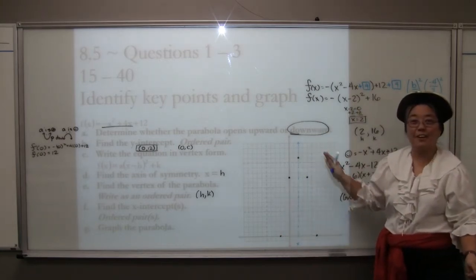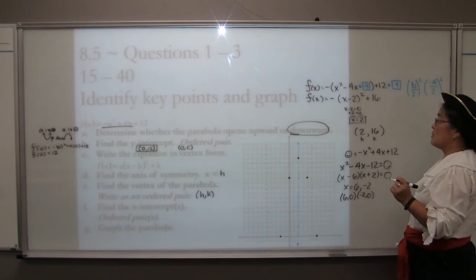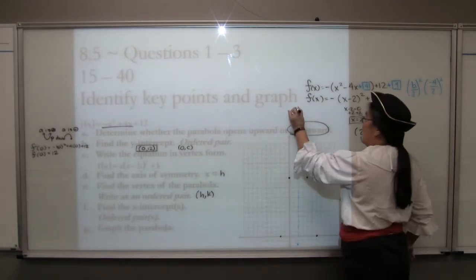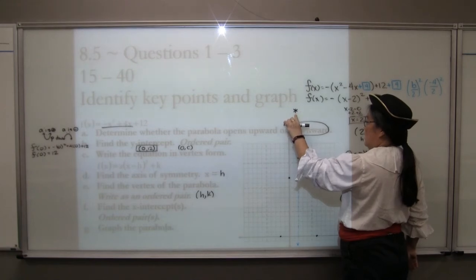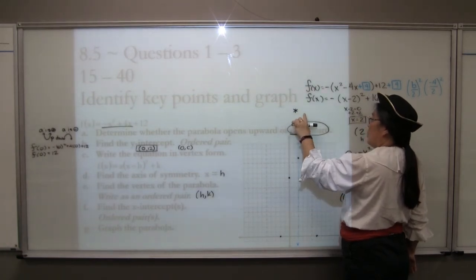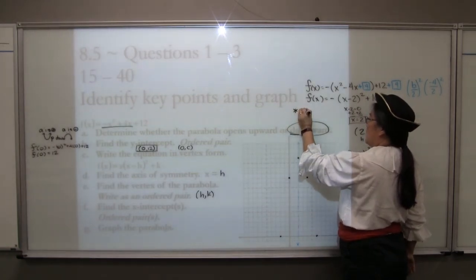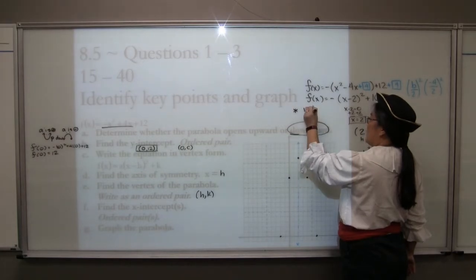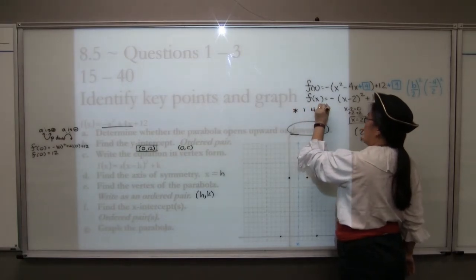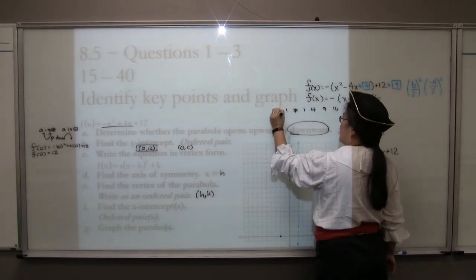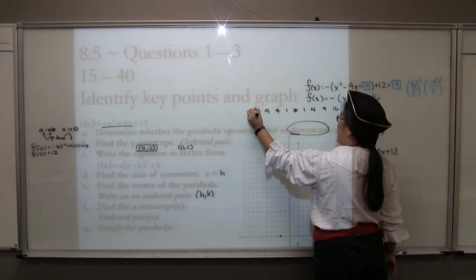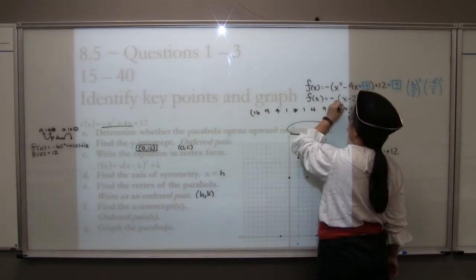Hey, we can get a fairly good parabola. Also, remember something from back in chapter 3. The vertex is here. If you go over 1, 1 squared is 1, 2 squared is 4, 3 squared is 9, 4 squared is 16, and same thing on the other side. This is how we count to get to each new point.